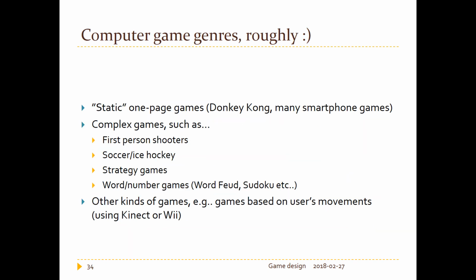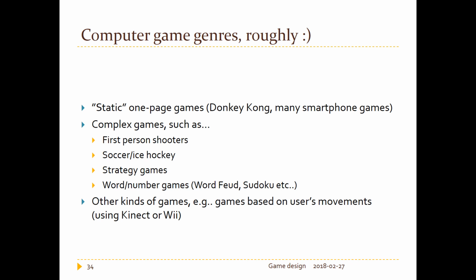So what kind of games do we have? Well, static one-page games like Donkey Kong, or many smartphone games, Angry Birds and so on. Also more complex games such as first-person shooters or FPS. Sports games like soccer, ice hockey, etc. Strategy games like medieval warfare and so on.